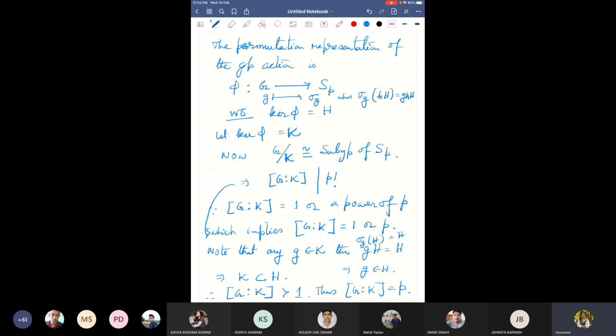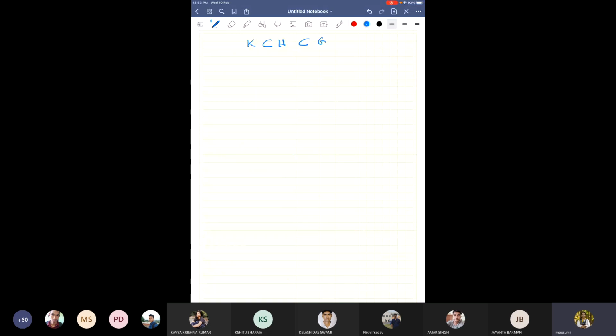But what does that mean, that [G : K] is equal to P? Now you have K sitting inside H, sitting inside G. And you know that [G : K] is nothing but [G : H] times [H : K].